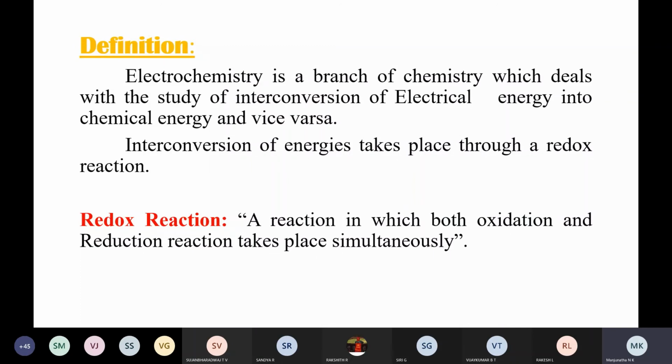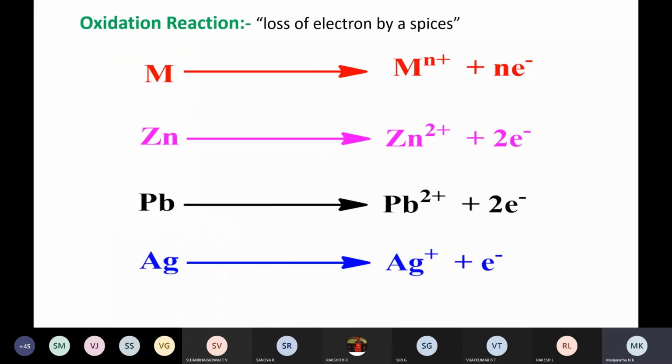A reaction in which both oxidation and reduction take place simultaneously is called a redox reaction. Coming to the first one, the oxidation reaction is the loss of electrons by a species.